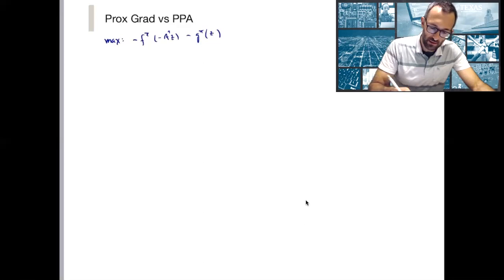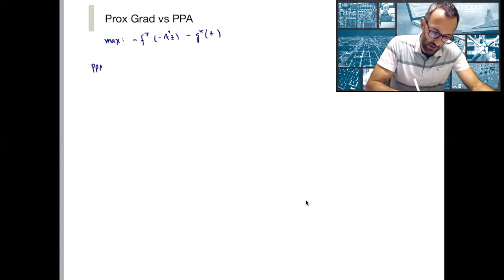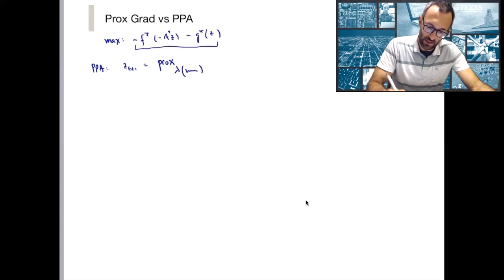Prox gradient is what we've just been working on, dealing with f and g separately. And the proximal point algorithm is simply writing zt plus 1 is equal to the prox of lambda of this entire function, up here, of zt.